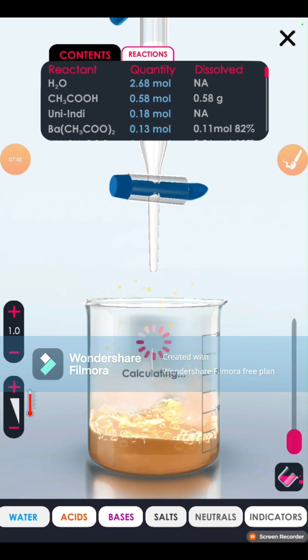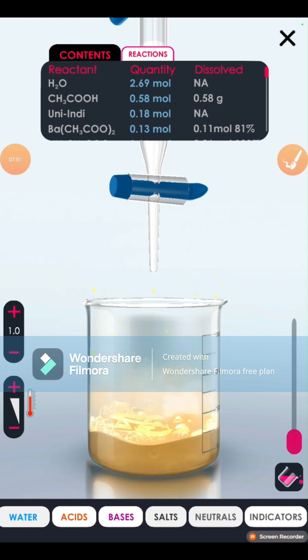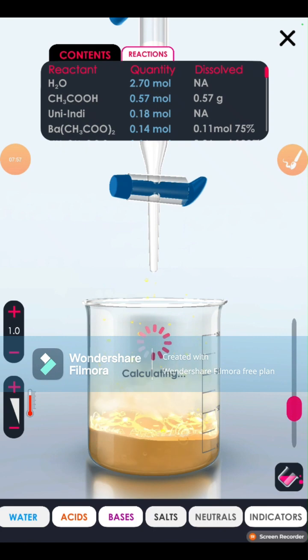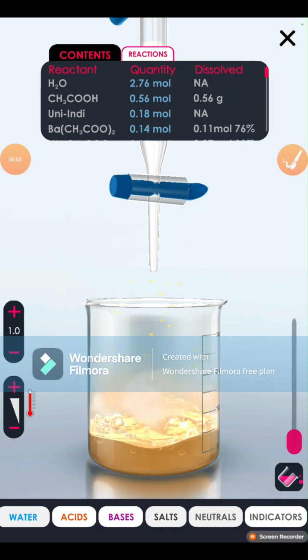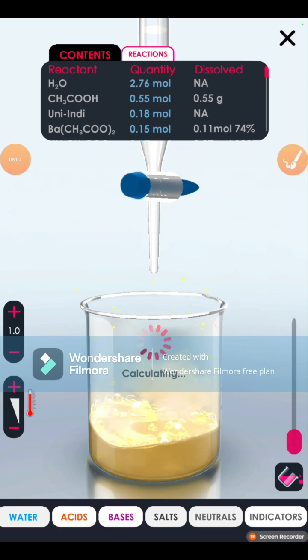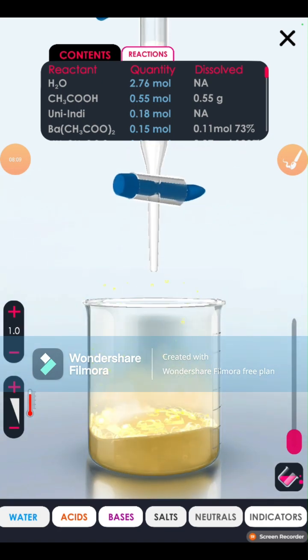Let's stop it. As you can see, it's getting greener slowly.